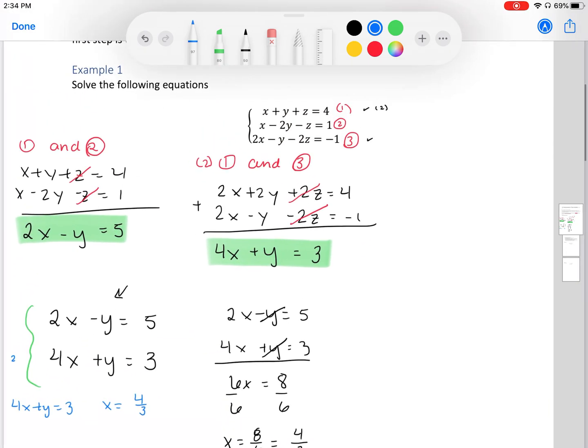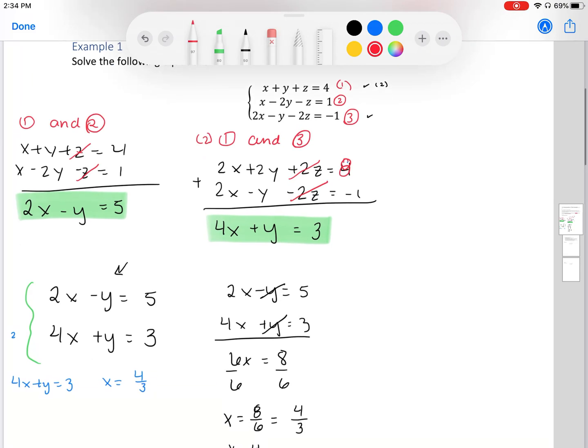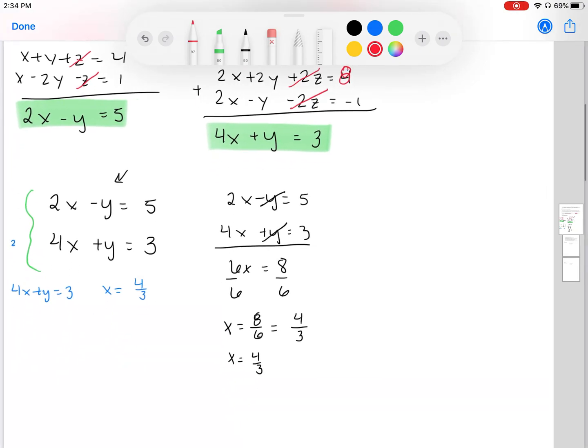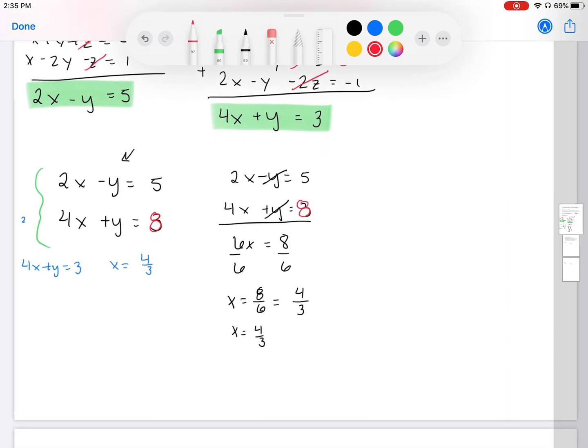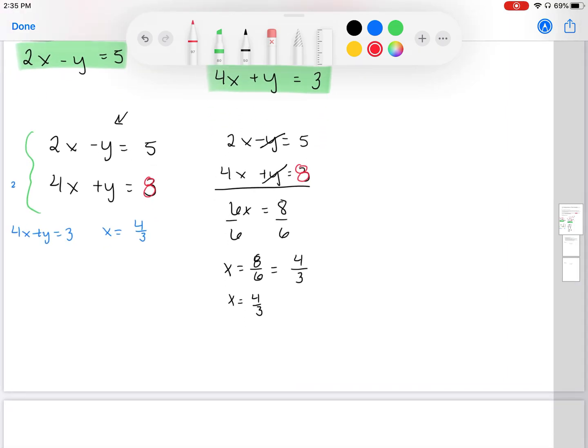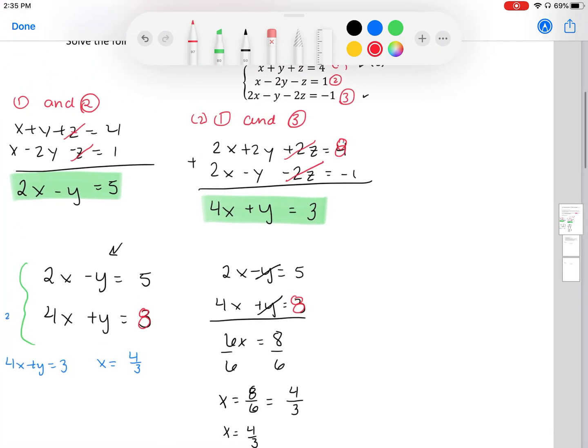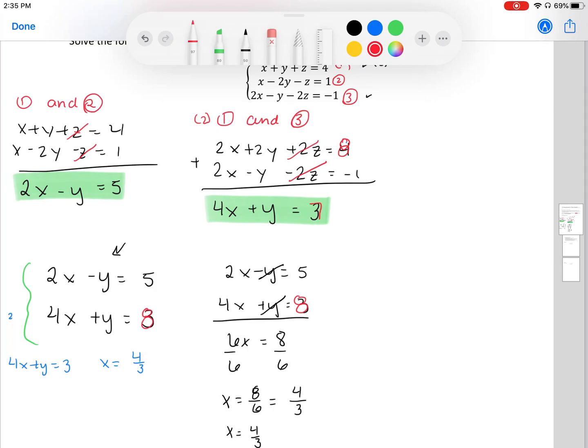Oh, I made a mistake. I was supposed to multiply equation 1 by 2, and I was supposed to make this an 8. That's an 8, and so this right here is an 8, and this right here is an 8. So 8 minus 1, that was a 7.